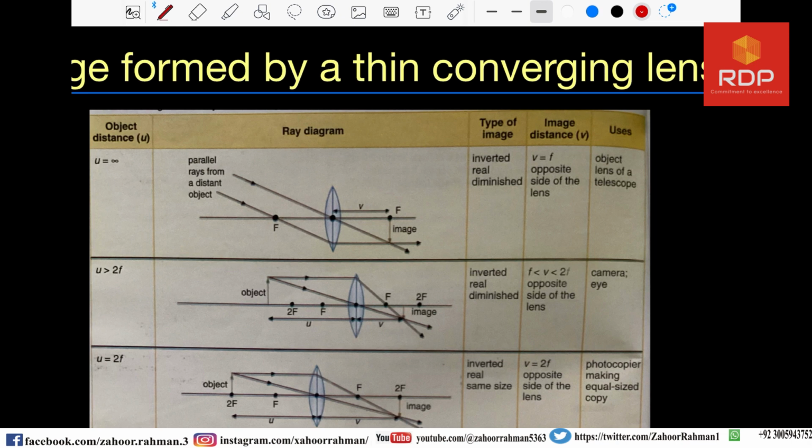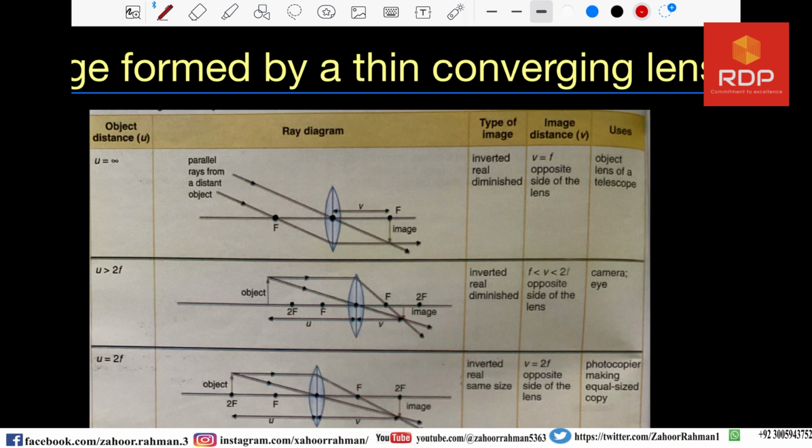If we want to observe an object far away from us, for example a tree at the top of a mountain or hill, the object is at infinite distance from the converging lens.